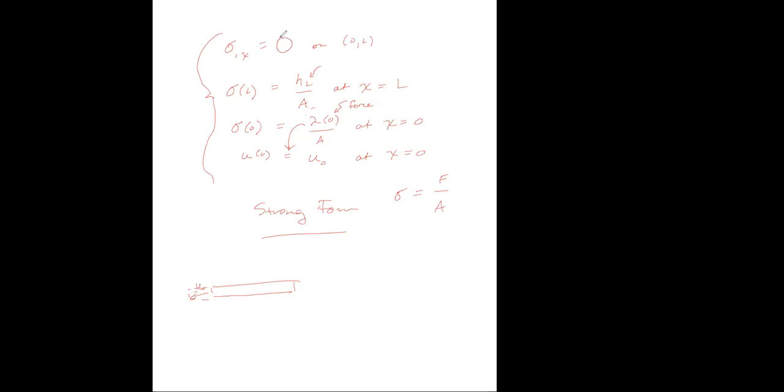If this is 0, what do you know about your stress? Constant. Yep. So if there's no body force, then the stress is constant. And then what do you know about your strain? It's constant as well.